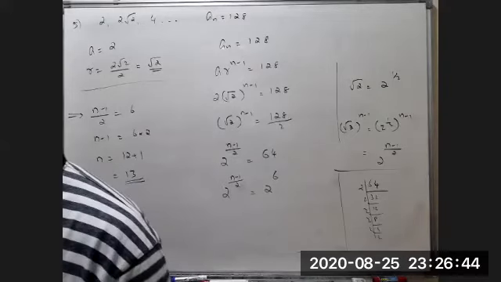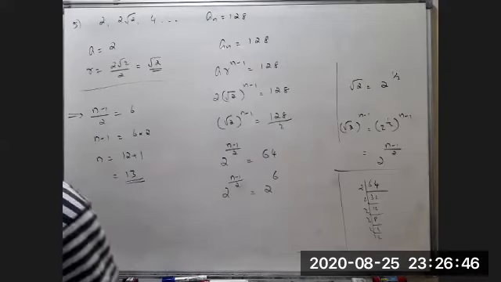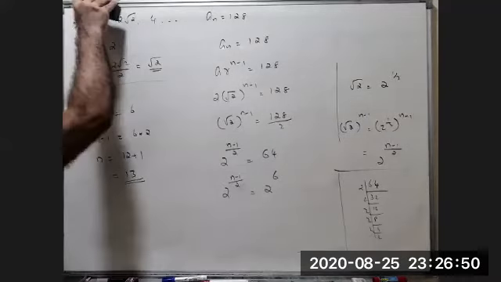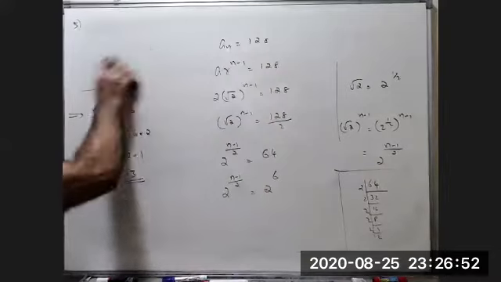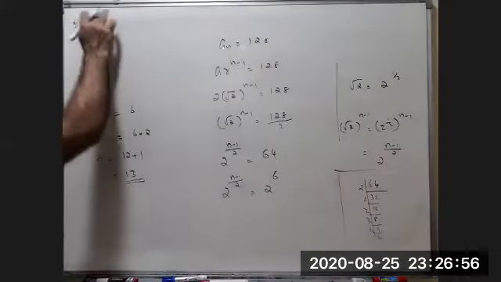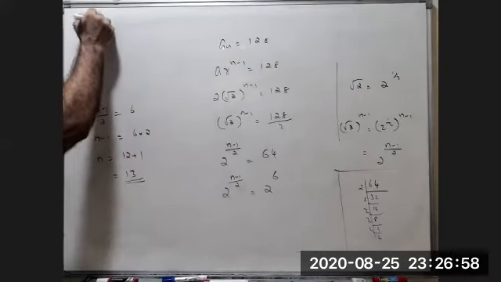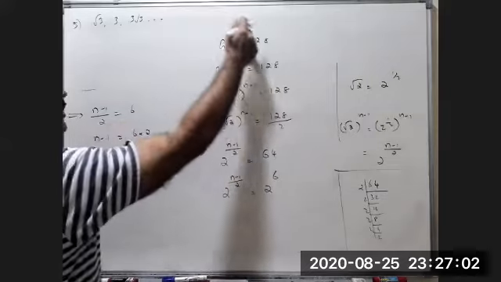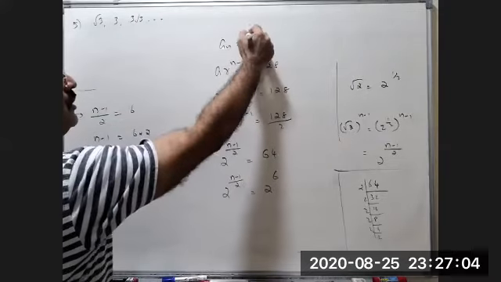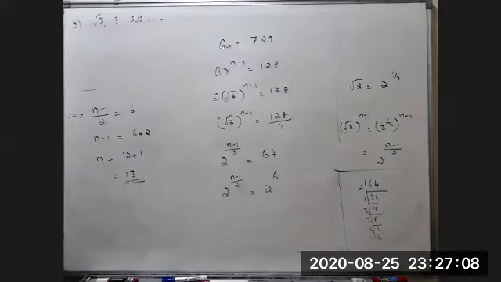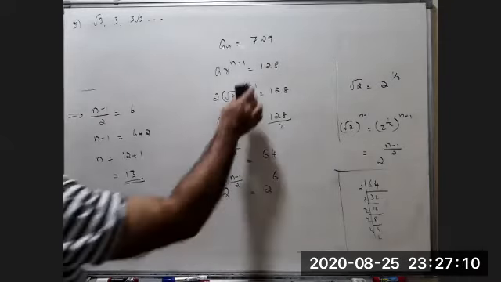B bits. The question is root 3, 3, 3 root 3, etc. The nth term is given as 729. Start doing it.